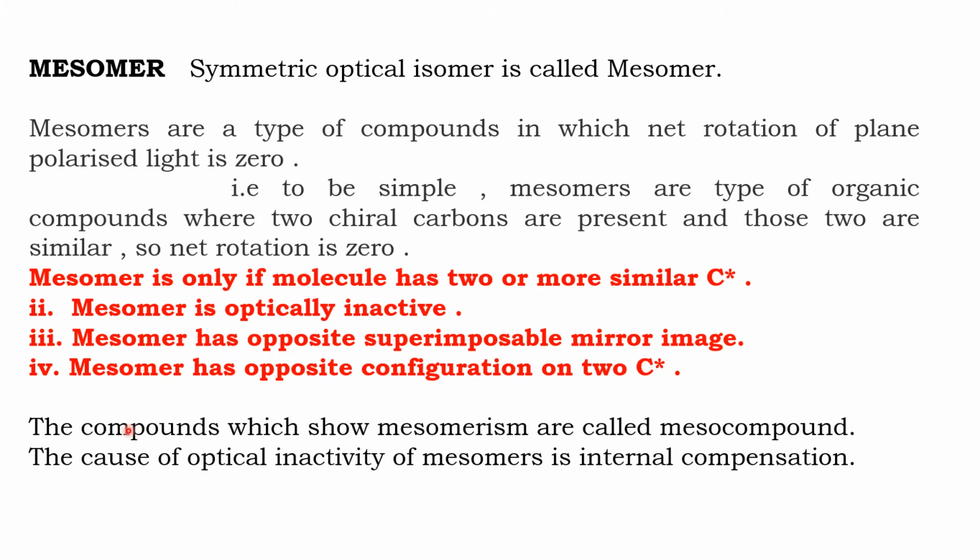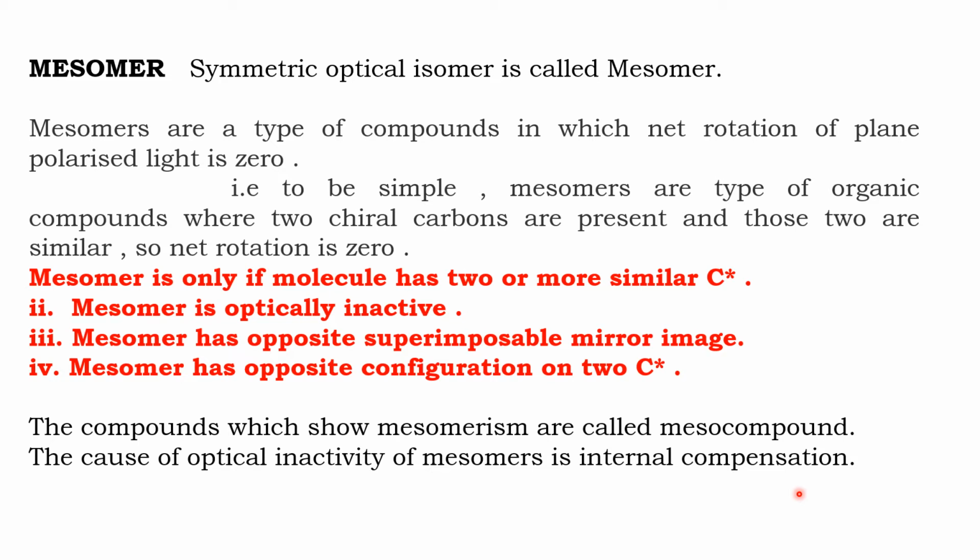The compounds which show mesomerism are called meso compounds, and this is very important. The cause of optical inactivity of mesomers is internal compensation, while the cause of optical inactivity in a racemic mixture is external compensation.